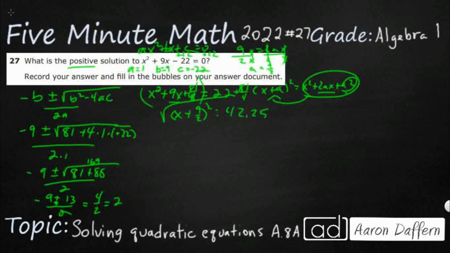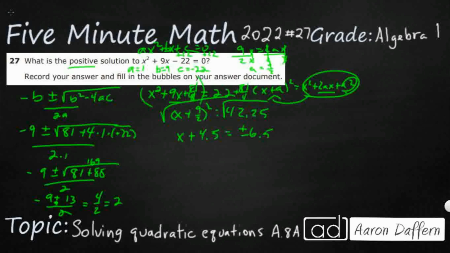Now you just square root both sides, right? If you take the square root of 42.25, you're going to get 6.5. So x plus 9 halves, which, let's put that into decimal now, 4.5, equals plus or minus 6.5.